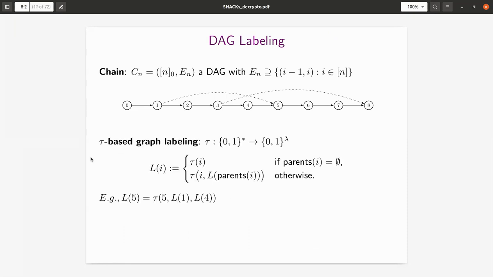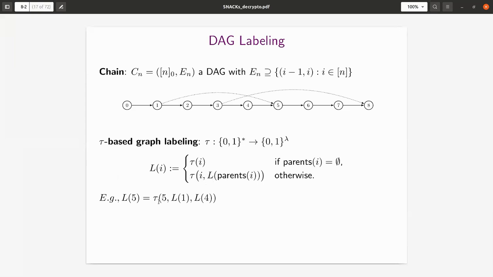And we label these graphs using some oracle tau. Think of it as a random oracle, and you define the labeling in the most natural way, in which, forgetting about the initial case, to get the label of the ith node, you apply the random oracle to the ith index and the labels of its parents.